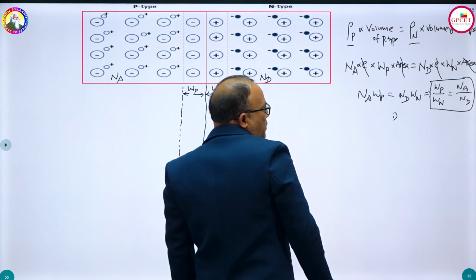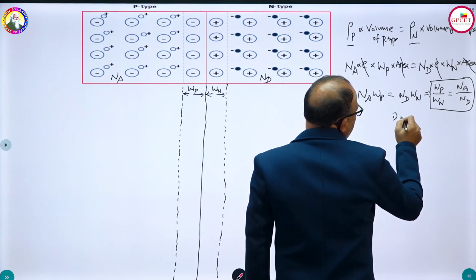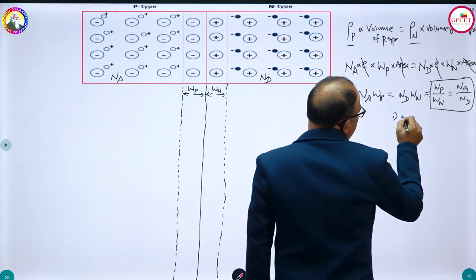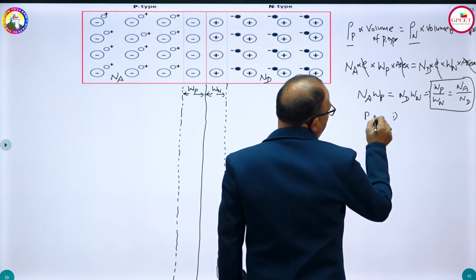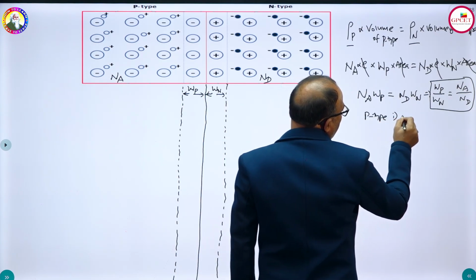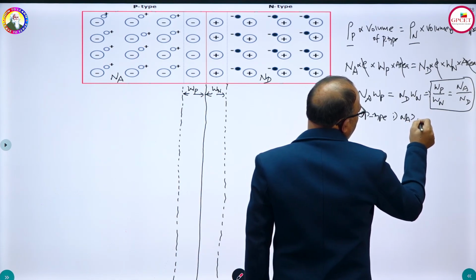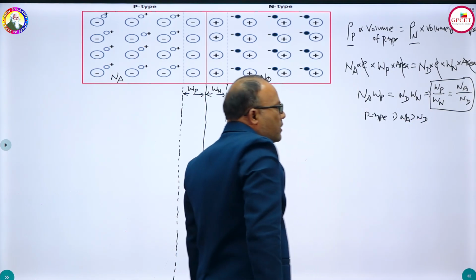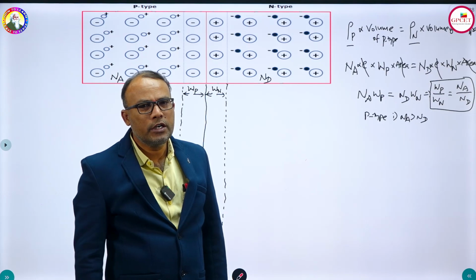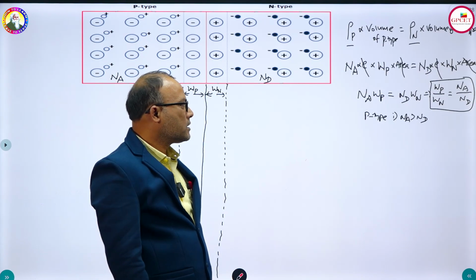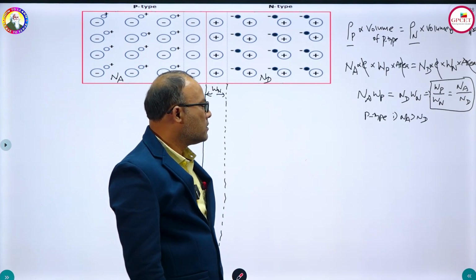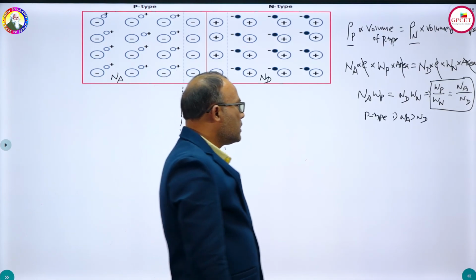For example, case 1: if the semiconductor is a p-type semiconductor, then Na is much greater than Nd, meaning the p-type is more heavily doped than the n-type. So the acceptor concentration is larger than the donor concentration. The important point here is, on which side is the width of the depletion region larger?